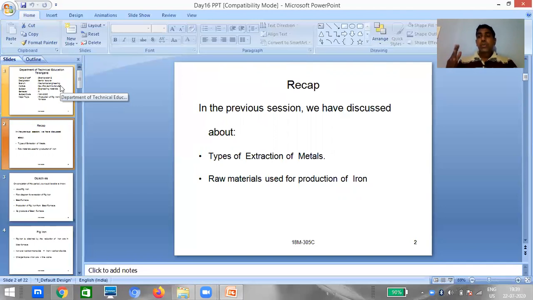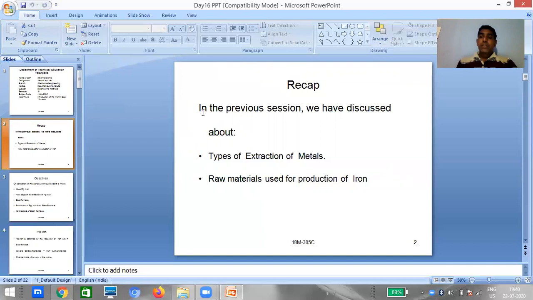That means from cupola you are having the final product as cast iron, from the puddling furnace you are having the final product as wrought iron, and from the blast furnace you are having pig iron as the final product.